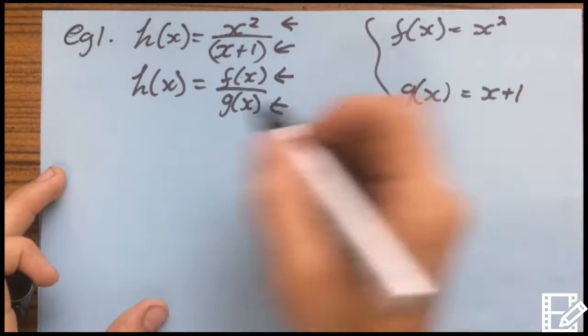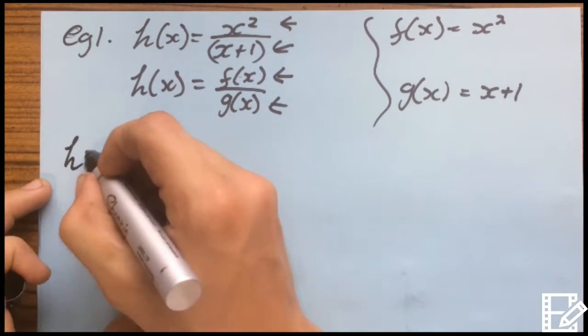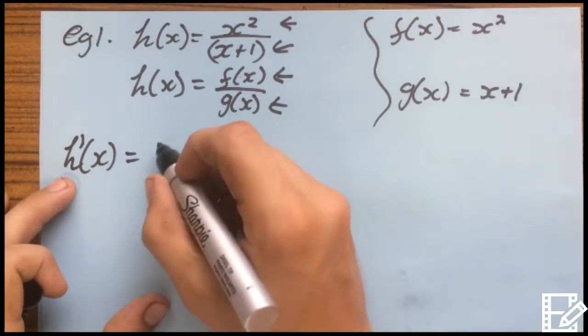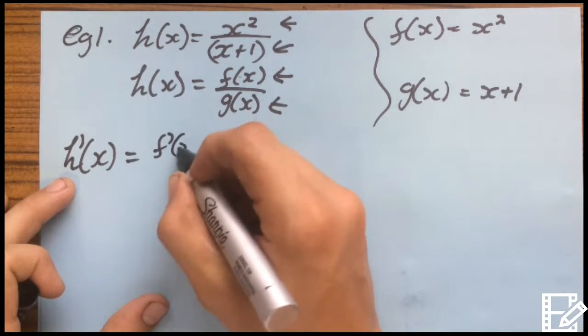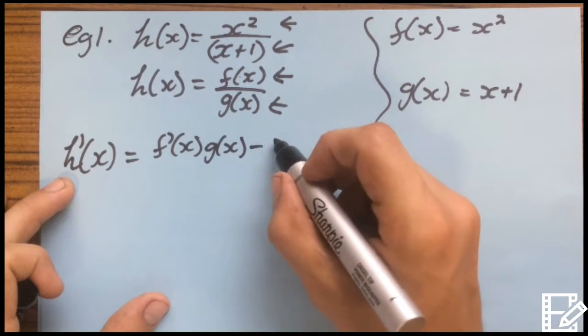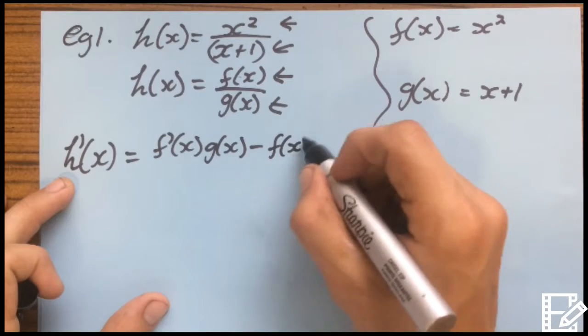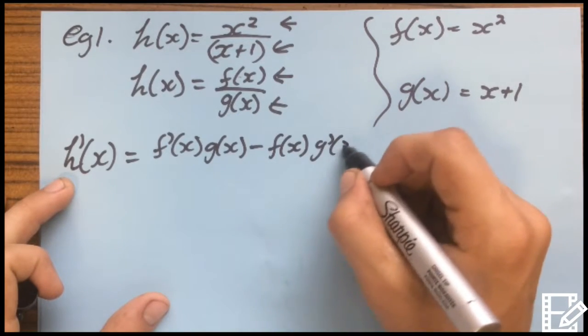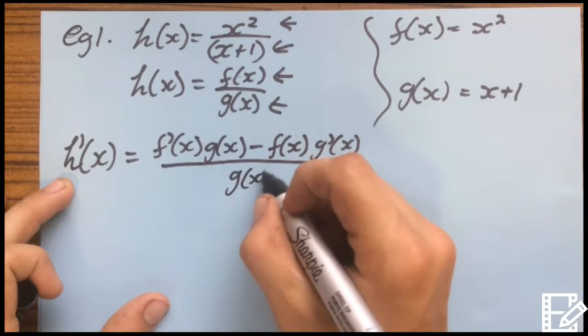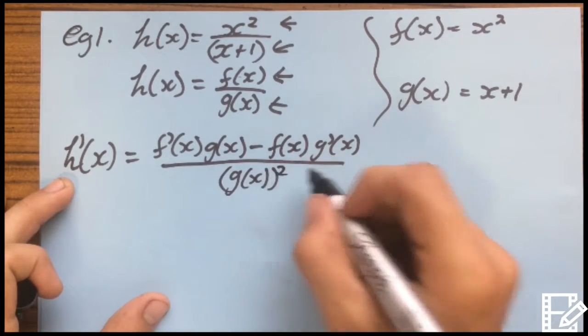Now, the derivative of h(x) is the derivative of f(x) multiplied by g(x) minus f(x) multiplied by the derivative of g(x), all over g(x) squared.